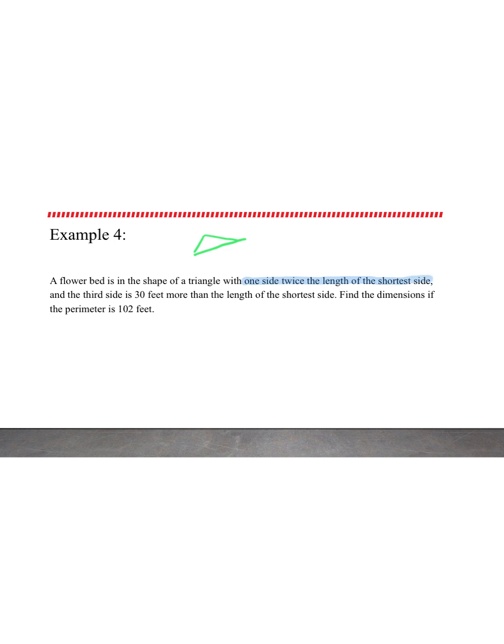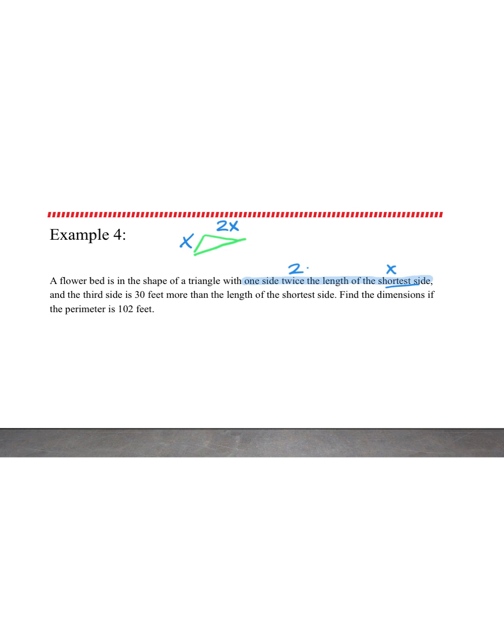So that means one of our sides is going to be just our variable because we don't know how short the shortest side is. And then the highlighting in blue here, one side is twice the length of the shortest. Twice means 2 times. And then our shortest side is x. So that means our side is 2x.